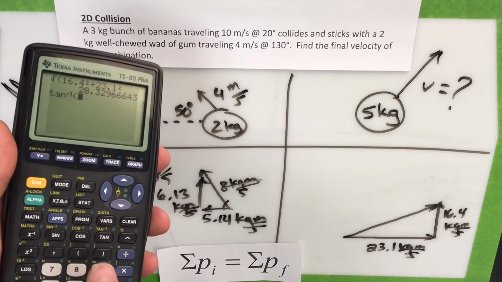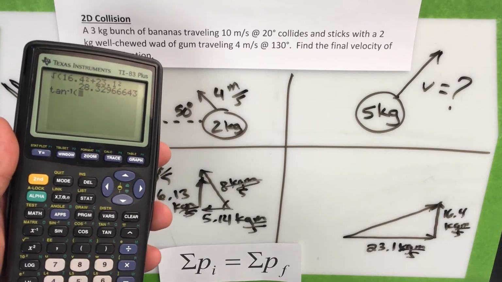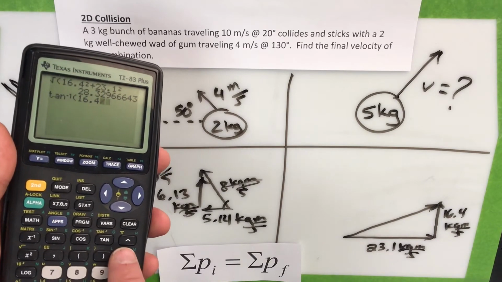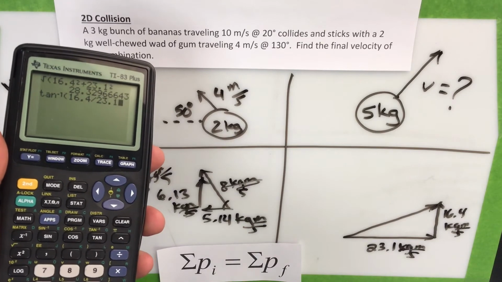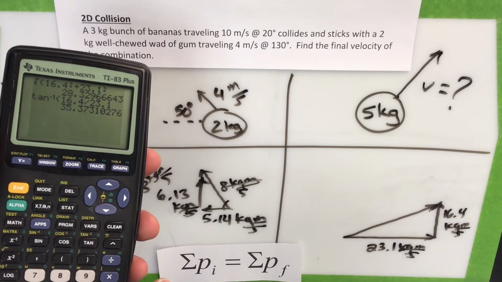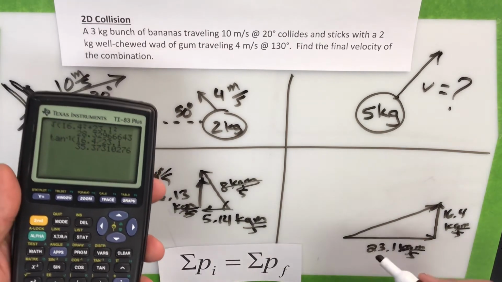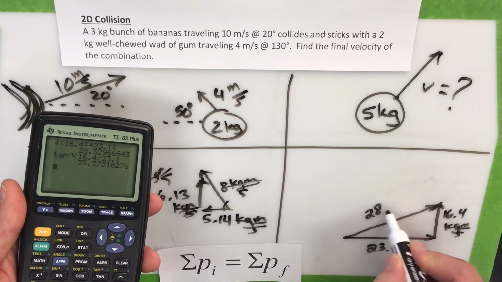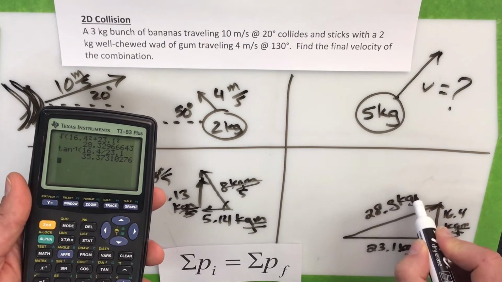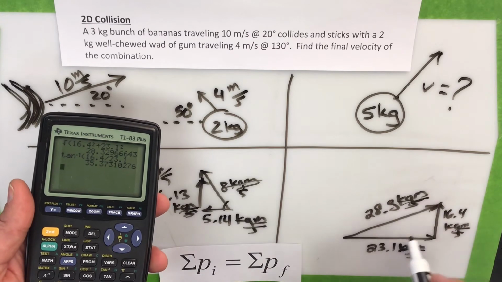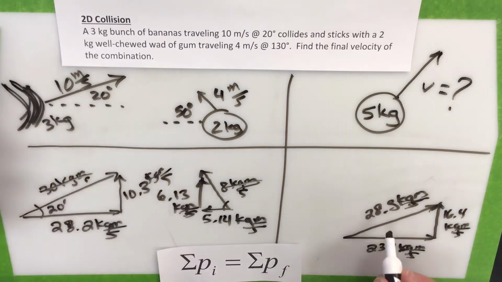Inverse tangent of opposite over adjacent, 16.4 divided by 23.1 gives you 28.3 kilogram meters per second, and an angle of 35.4 degrees.